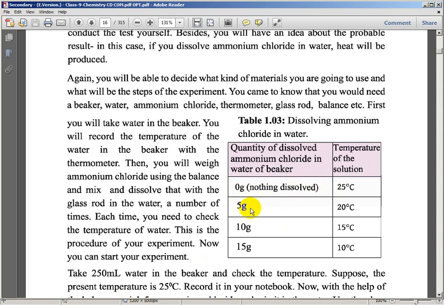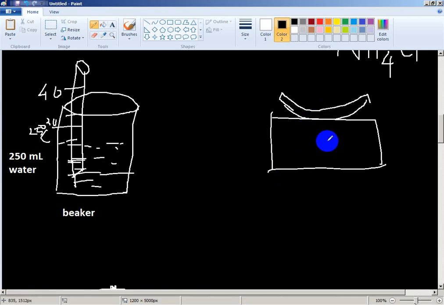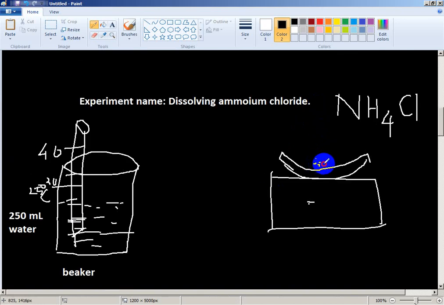Now you take 5 gram ammonium chloride, weighing it on the digital balance. You add this 5 gram ammonium chloride here, then using a glass rod you stir.